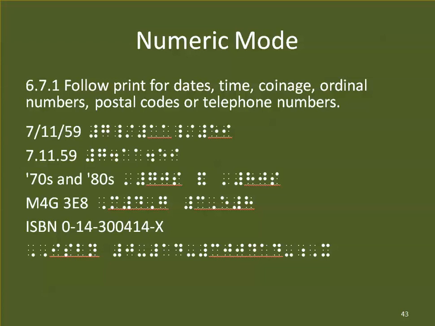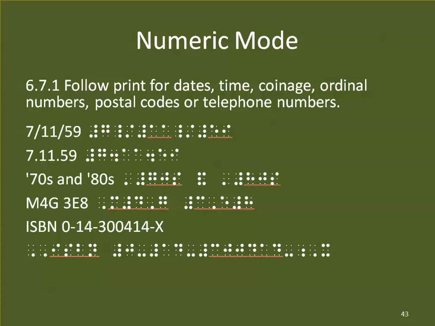So if we put it after the numeric mode indicator, we would start numeric mode and immediately terminate it with the apostrophe. We don't want that, of course, so we're putting the apostrophe first. And that is just like Nemeth, for you Nemeth transcribers out there. Apostrophe, then the numeric mode starts up, 70s. S can't be mistaken for anything, so we don't need a grade 1 indicator there. And the same thing for 80s.